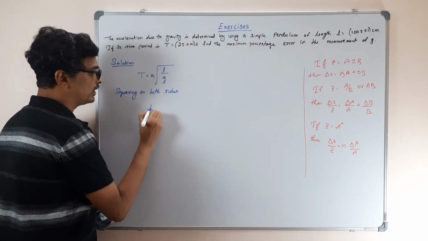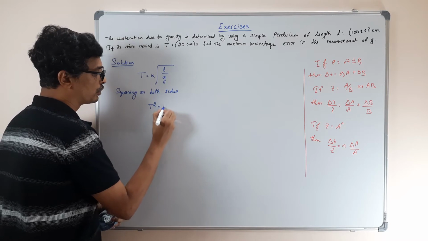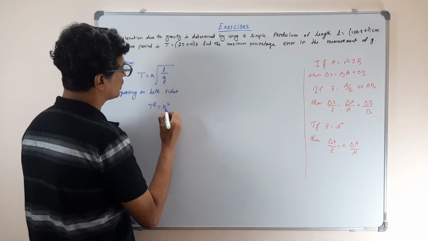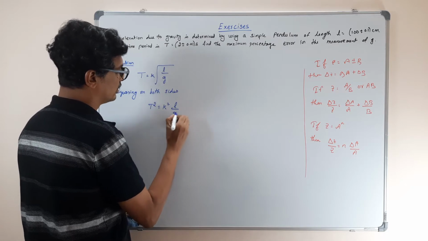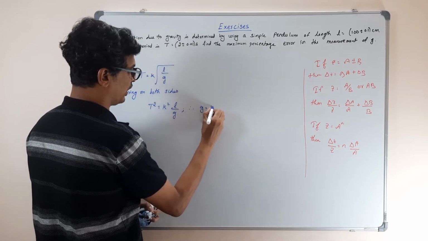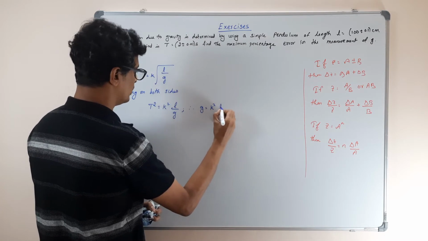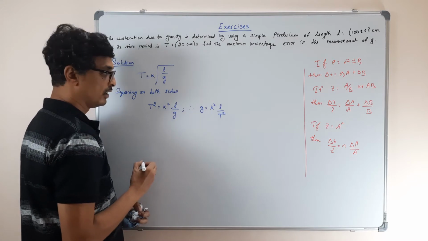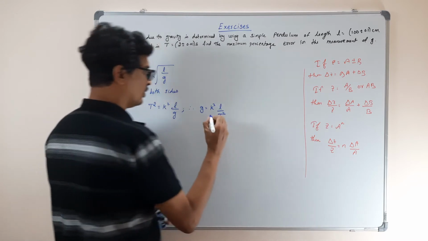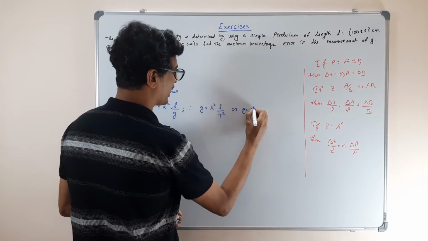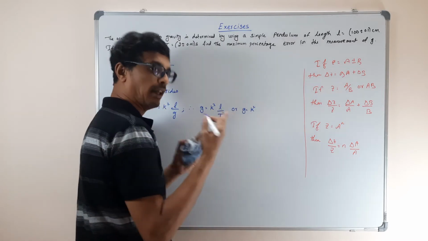So T square equals K square into L by G. Therefore, G is equal to K square L by T square. K square is just a constant, it doesn't have an error.